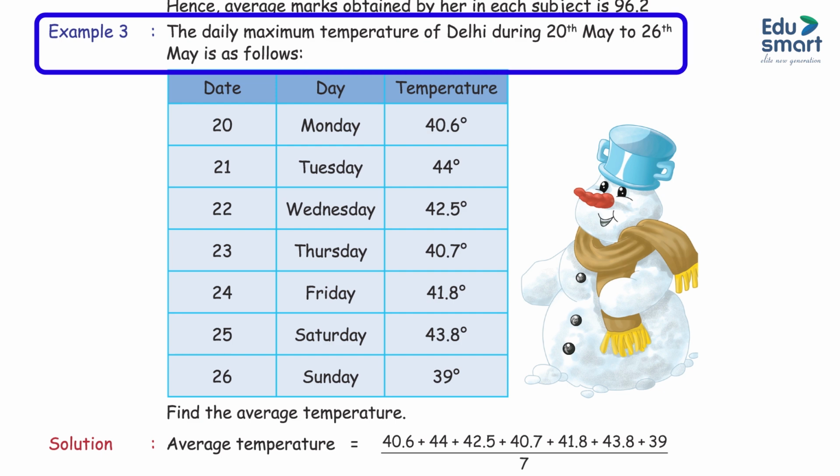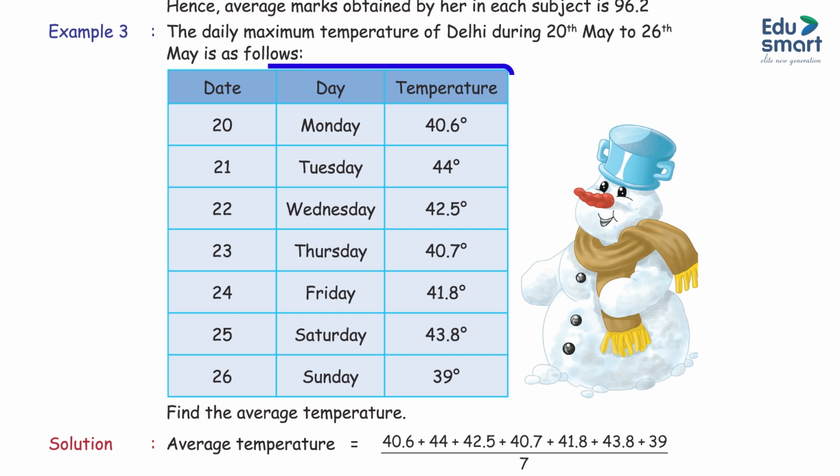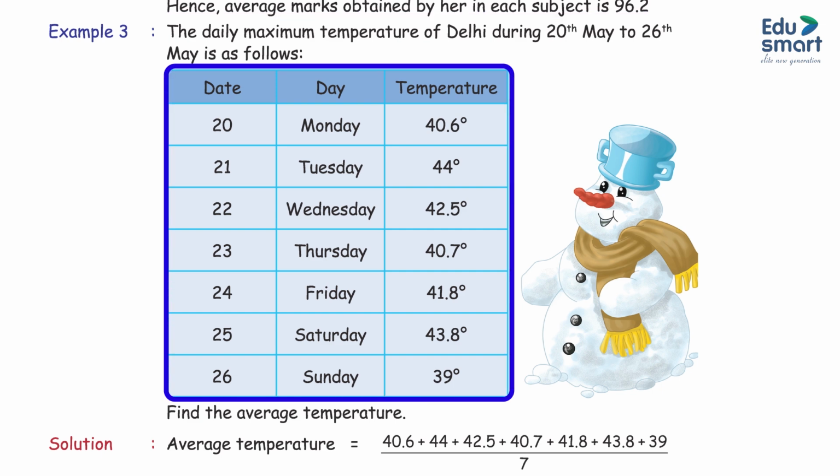Example 3. The daily maximum temperature of Delhi during 20th May to 26th May is as follows. 20 Monday 40.6 degrees, 21 Tuesday 44 degrees, 22 Wednesday 42.5 degrees, 23 Thursday 40.7 degrees, 24 Friday 41.8 degrees, 25 Saturday 43.8 degrees, 26 Sunday 39 degrees.